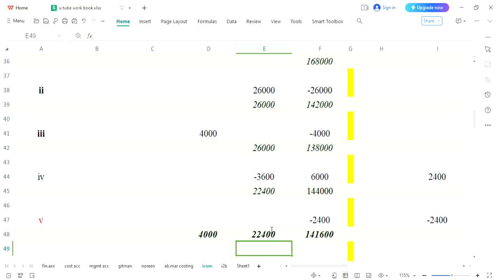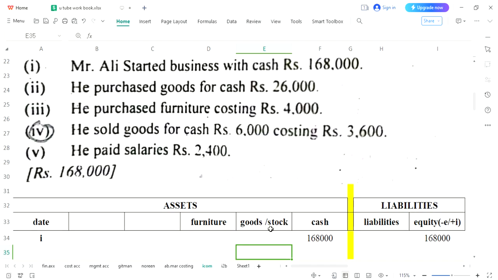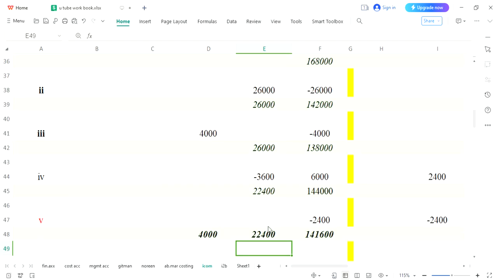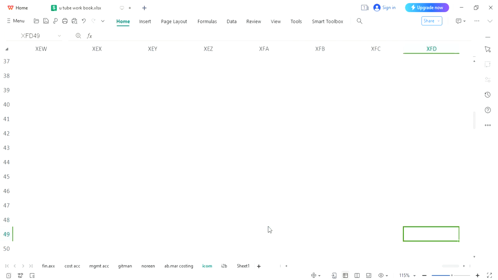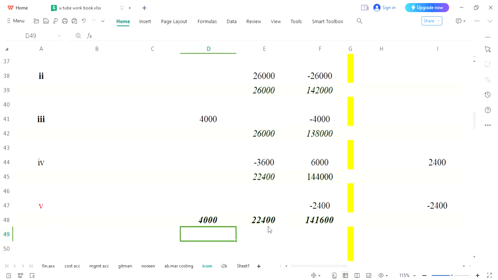Now finally what you will do, you will see the total of these all columns. Here you will calculate sum. Now please understand how you will calculate this sum.